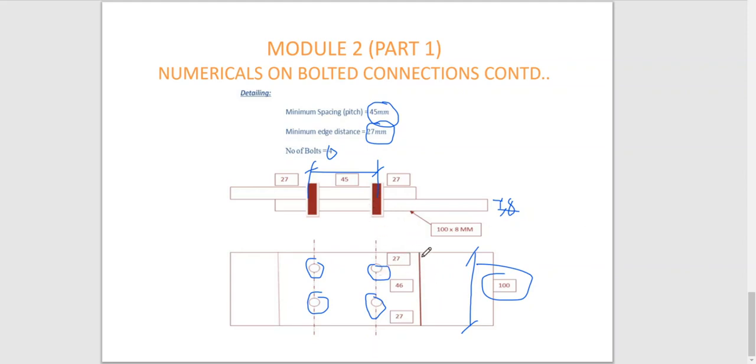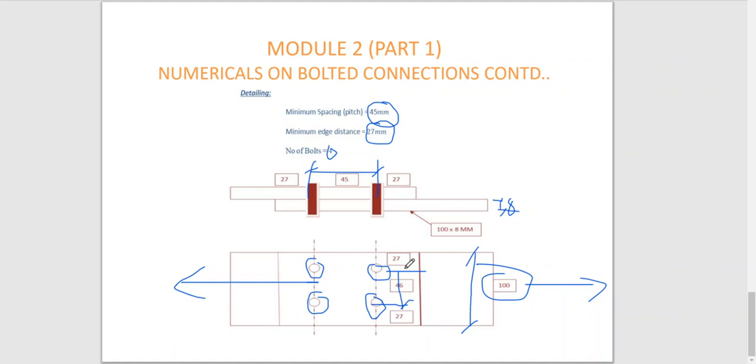In this direction, this is the force line direction you can call. In the direction perpendicular to the load, I have provided 27 mm as the edge distance on both sides, and the remaining 46 mm from this to this.